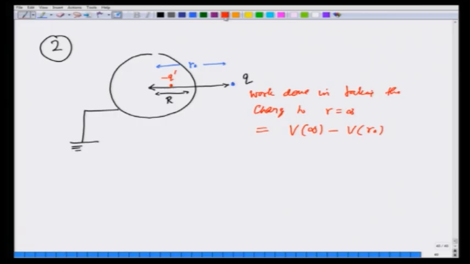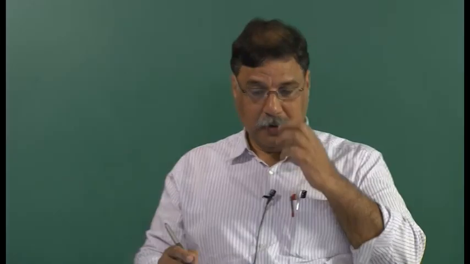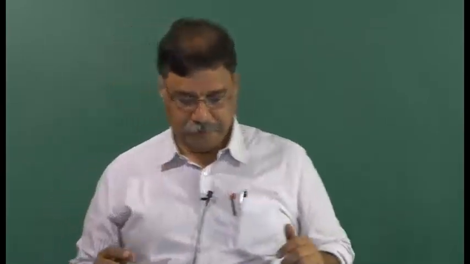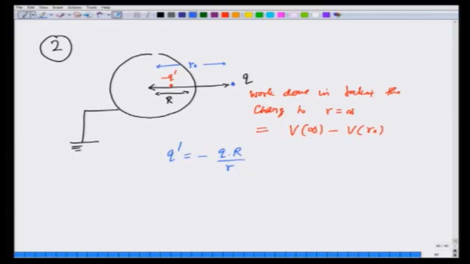The force on this charge arises from the image charge q prime, which is equal to minus q R over r, if its distance is r. Notice that I am taking the distance to be r because I will be moving the charge from r naught to infinity, and q prime is at a distance d which is equal to R square over r.